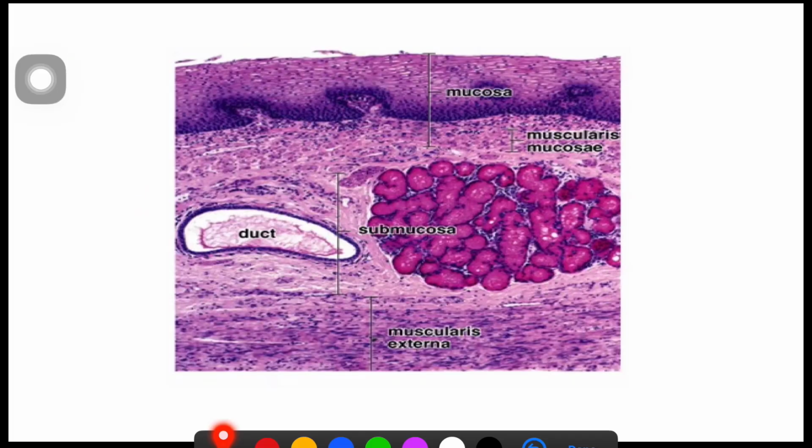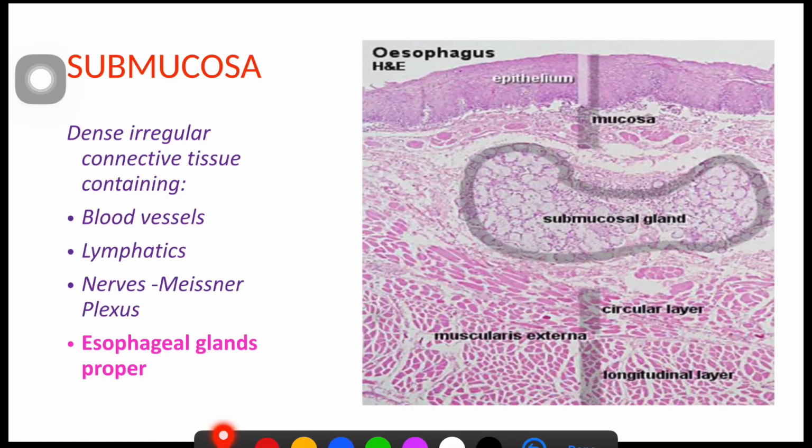Now let's see submucosa. So this is mucosa which we have already discussed, comprising epithelial lining, lamina propria and muscularis mucosae. Now this submucosa characteristically shows submucosal glands and ducts of these glands. So let's see submucosa in detail.